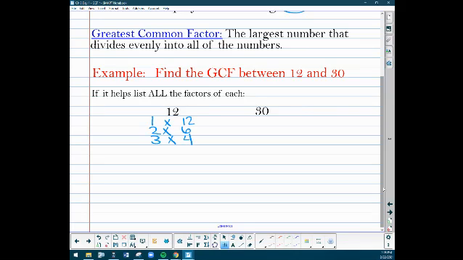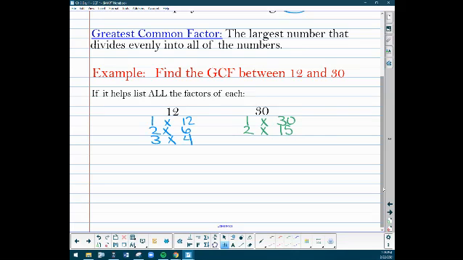Now I want to look at 30 and do the same thing. Think of all the things that multiply to 30. I like to start with 1 and build my way up. 1 times 30 is 30. Now I think about 2. 2 times 15 is 30.